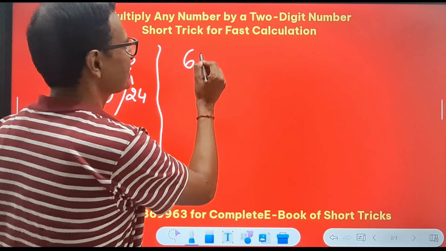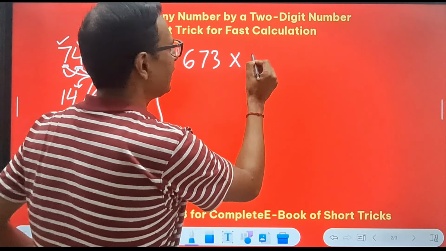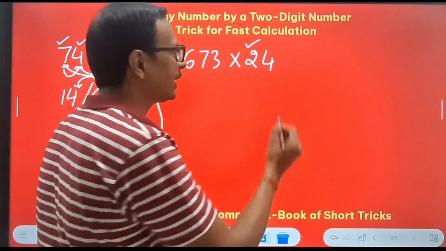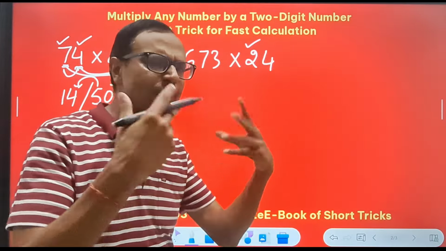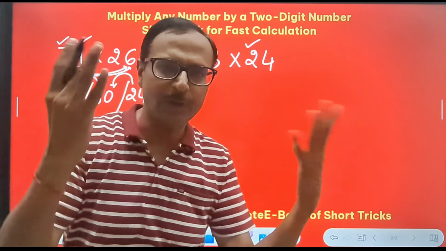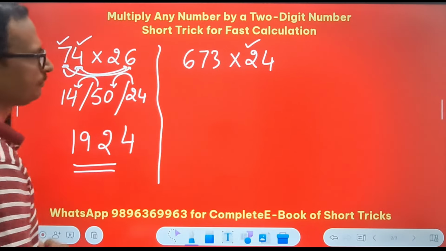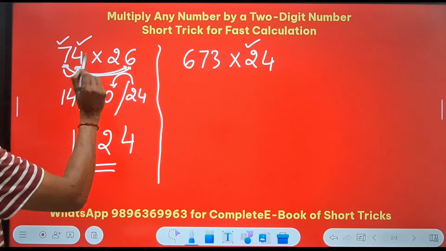Let's extrapolate this to a 3-digit number. So let's take 673 and multiply it by 24. I am taking 2 again, so that you get used to the method, and then apply it for 30s, 40s, 50s, 70s, 80s, 90s, whatever. Okay, so let's see. What did I do here? 4 times 6, right?